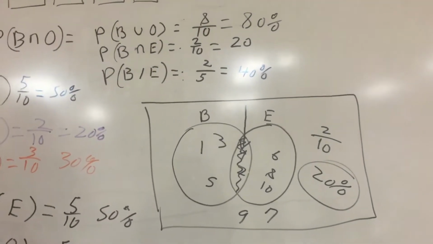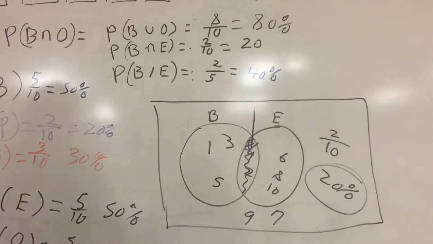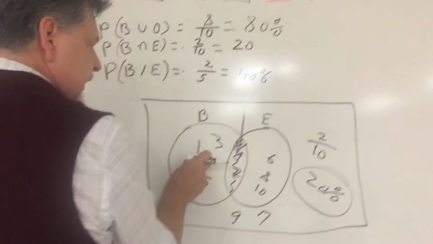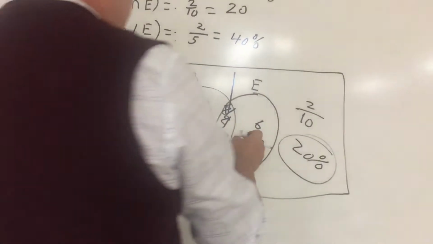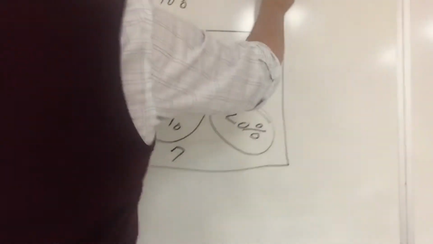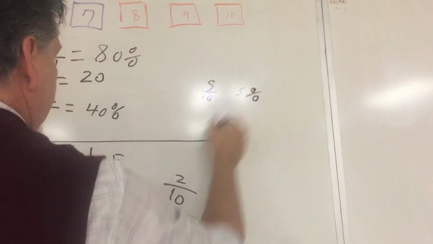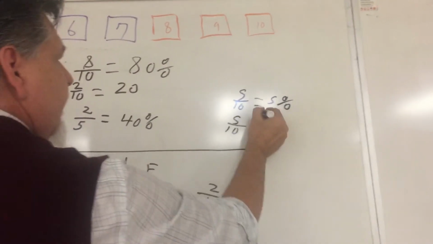Now that's kind of like the general addition rule. If I count all of the blacks and I count all of the evens, so if I count all the blacks, I got 1, 2, 3, 4, 5, 5 over 10, that is 50%, right? And I count all the evens, that's 5 out of 10, so that's 50%.